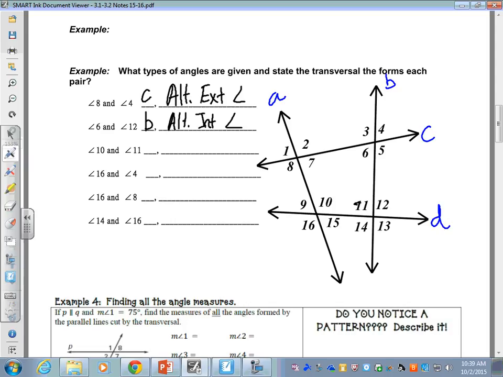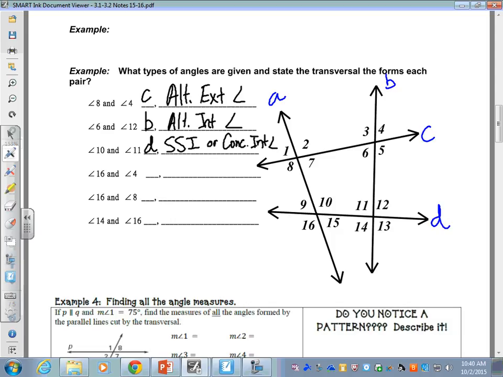Alright, let's look at 10 and 11. D would be the transversal. The same side: consecutive interior. You could say same side interior, so we just do SSI for same side interior, or I can say consecutive interior. 12 is interior?